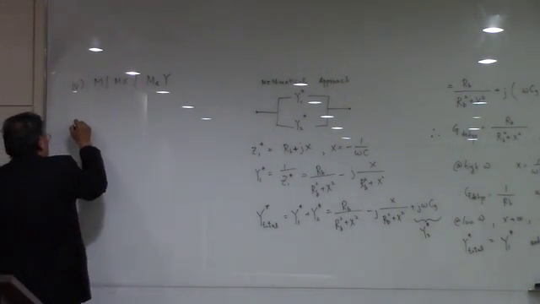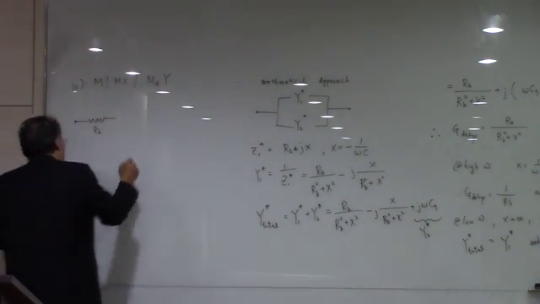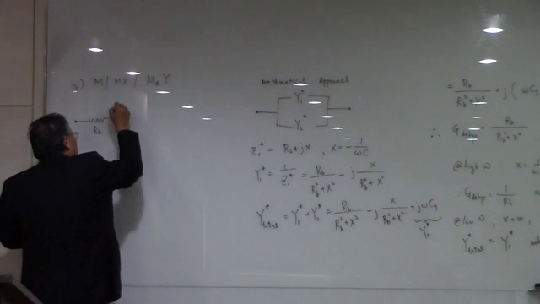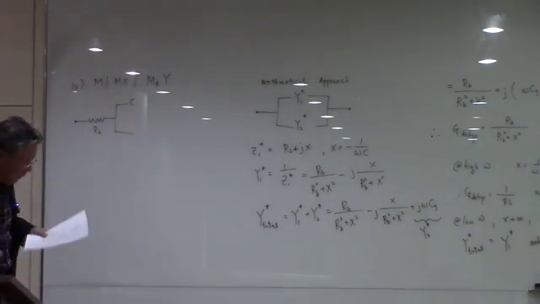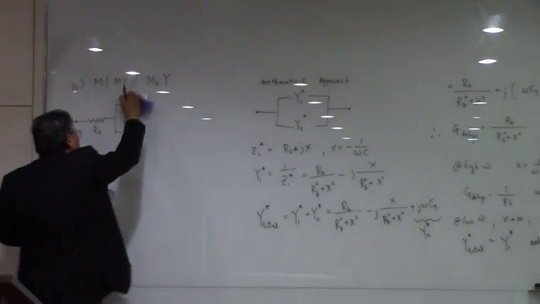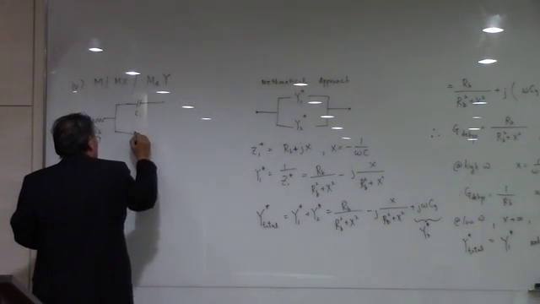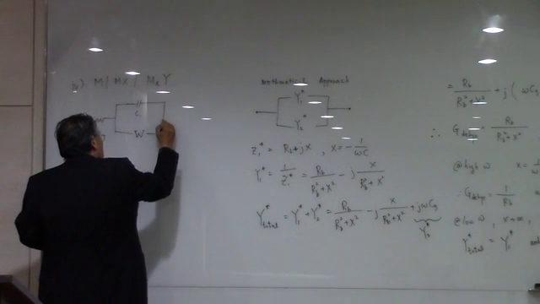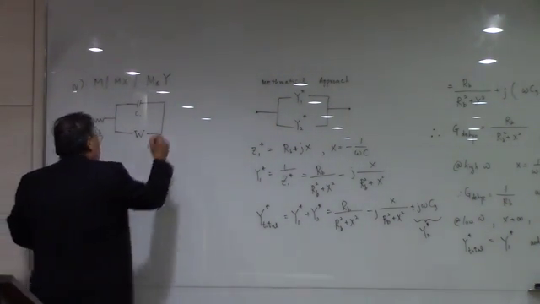Now in this case, we are going to have Rb, and the double layer capacitance, it's going to be connected in parallel with the Warburg impedance.